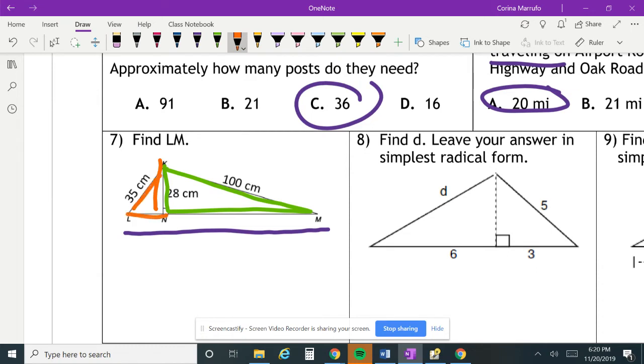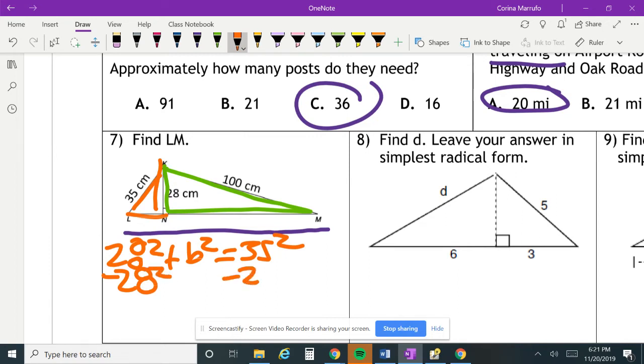So on this side, we're going to do a squared plus b squared equals c squared. So 28 squared plus b squared, we don't know, equals 35 squared. And so to save some space, I'm just going to subtract the 28 squared on both sides. And we get b squared equals 35 squared minus 28 squared.